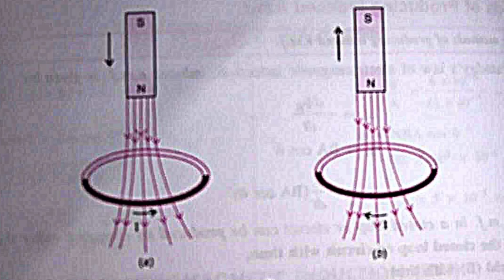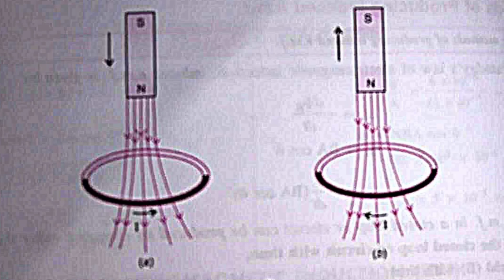And Lenz's law, how can we forget that? It states that the direction of induced current in the loop is anti-clockwise, so that the magnetic field produced inside the loop due to induced current opposes the increase in the magnetic field of the approaching bar magnet.